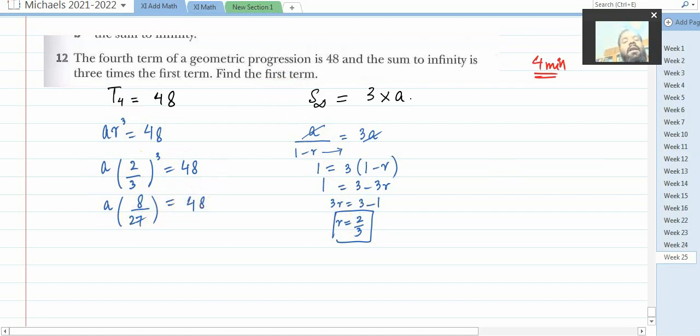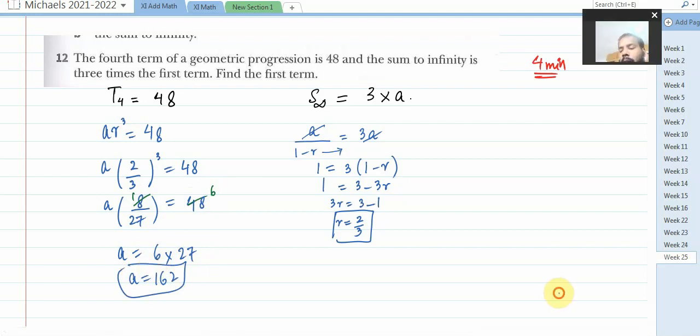We can simplify here. 8 ones are 8, 8 sixes are 48. So a is equal to 6 times 27, and the value of 6 multiplied by 27 is 162. The value of a here is 162, and that is your answer.